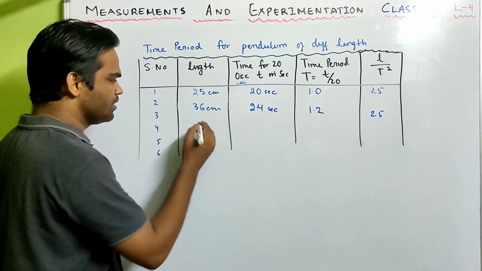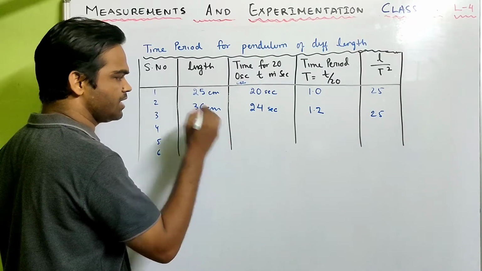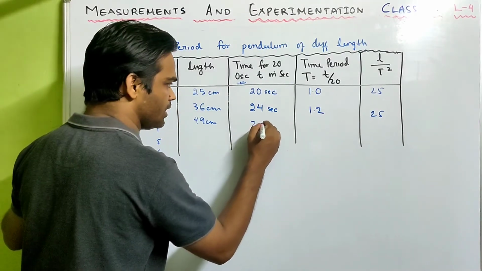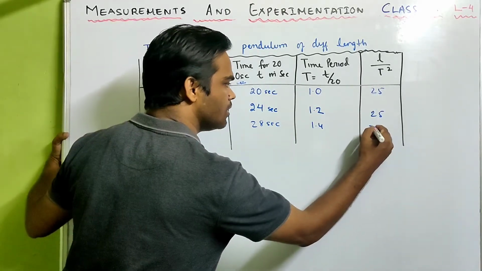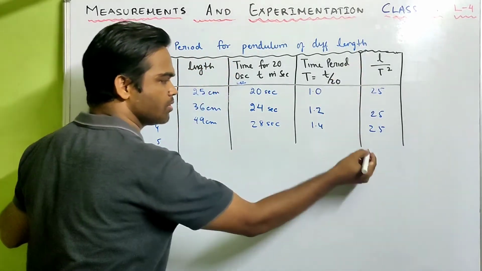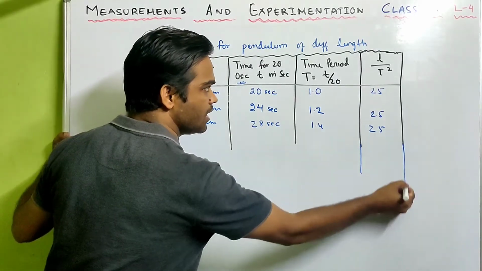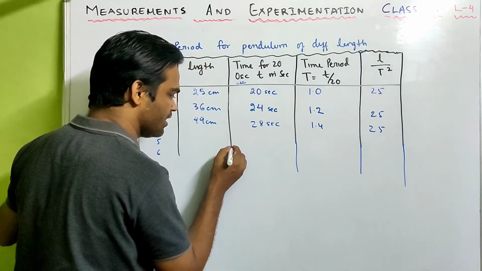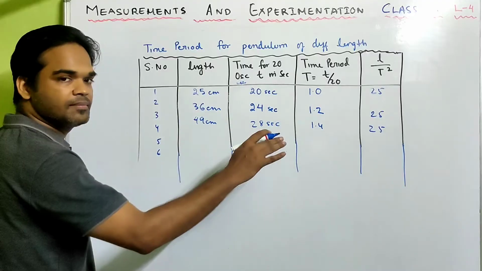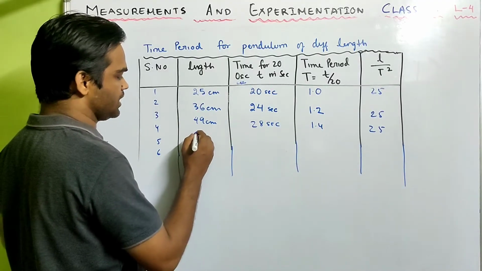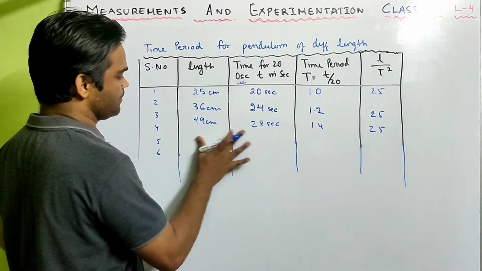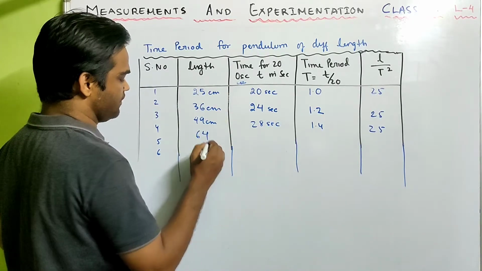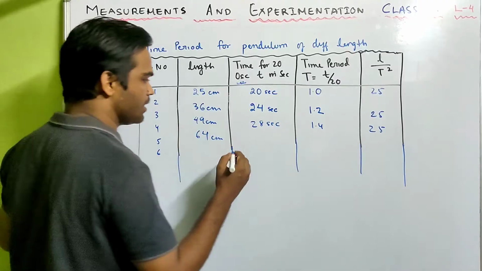Third case, we take 49 centimeter. This will be 28 second, 1.4. Again, this is 25. If you look carefully, this quantity L by T square is coming constant. In the fourth case, we take 64 centimeter.